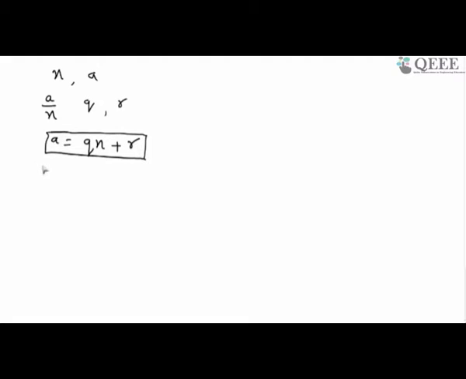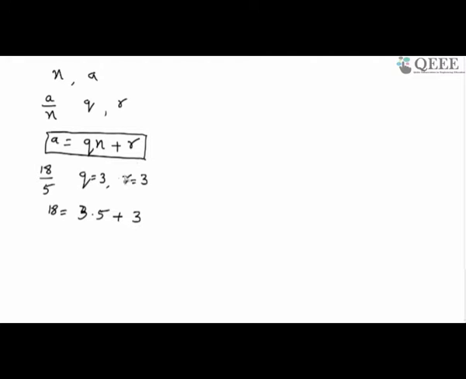So for example, let us say 18 divided by 5, just for illustration. We will get a quotient equal to 3 and a remainder which is equal to 3 again. So 18 is equal to the quotient 3 into 5 plus 3, 15 plus 3.